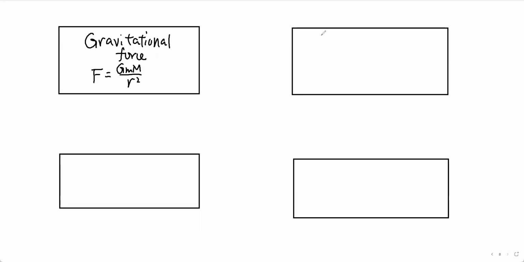And then the next one is the gravitational field strength. So it's GM over R squared.